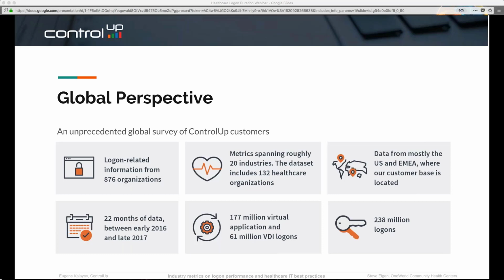We have, as you can see on this slide, about 177 million virtual application logons and about 61 million VDI. When I'm saying VDI, in this case, virtual desktop logons. So we'll talk about this distinction a little bit later into this webinar.